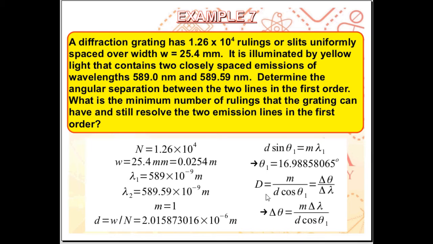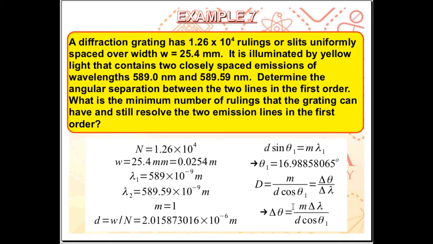Now, m over d cosine theta 1 is equal to delta theta over delta lambda. Using this part of the equation, we are able to isolate delta theta. Delta theta is equal to m delta lambda over d cosine theta 1.